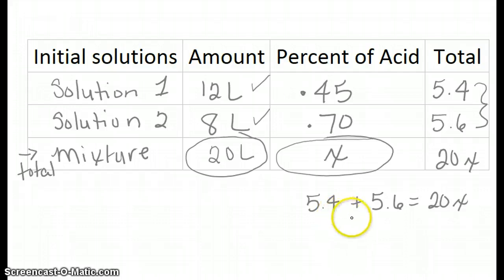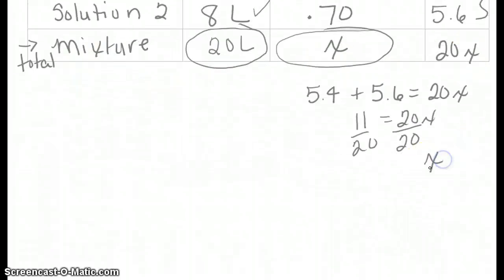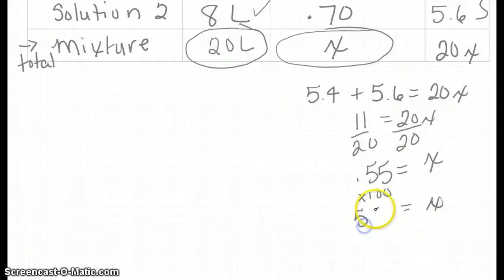And then we're going to add those two, so we're going to get that 11 equals 20x, divide by 20, divide by 20. 11 divided by 20 is going to give you x equals 55 hundredths. And if we're going to turn that back into a percent, then we're going to multiply that by 100. We get that x equals 55%.